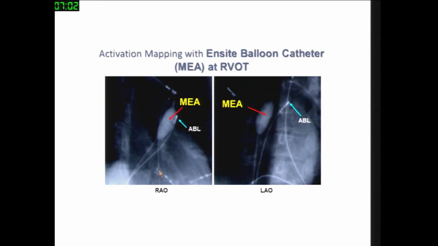For ablation of the RVOT VT, I'd like to show two mapping techniques. One is using an inside balloon catheter, which has multiple electrodes on the balloon in the RVOT area. It can capture the activation sequence at many sites at the same time.